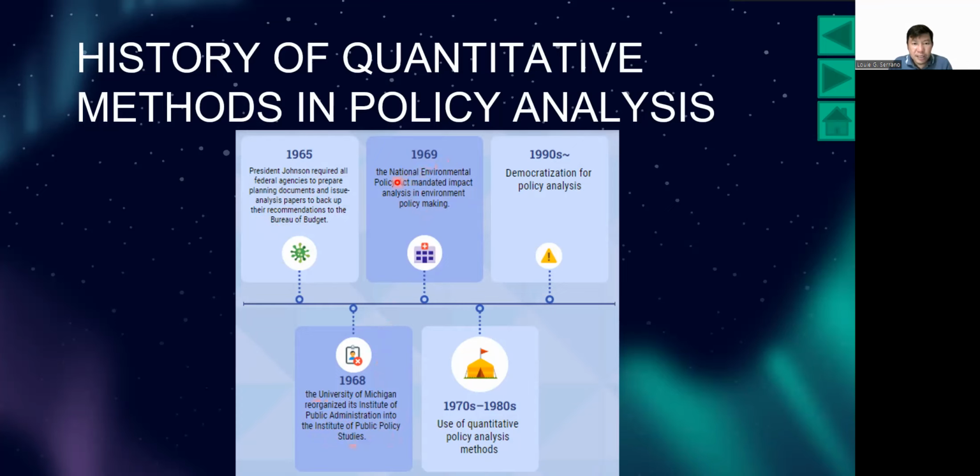And in 1969, the National Environmental Policy Act mandated impact analysis in environment policy making. And 1970s to 1980s, use of quantitative policy analysis methods, and last is the 1990s, democratization of policy analysis.